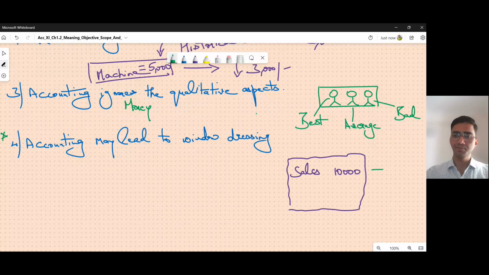They write this as 1 lakh. Now, what will happen if my sales are more? It will show that I've sold more goods, therefore I've earned more money, therefore my profit is more. If it shows that my profit is more, my balance sheet or my books of accounts will show eventually that my business has made a profit.